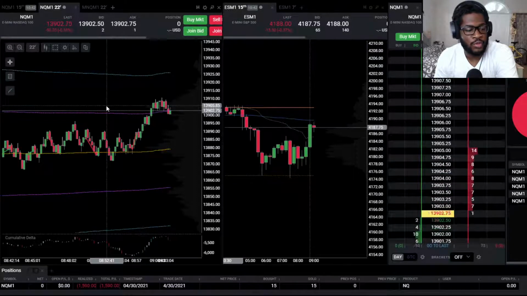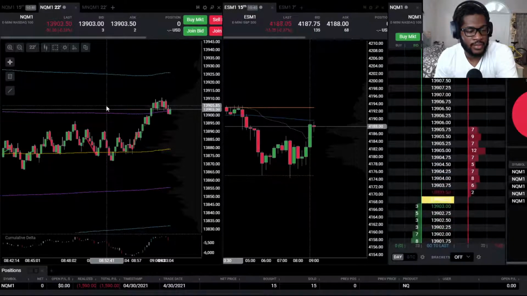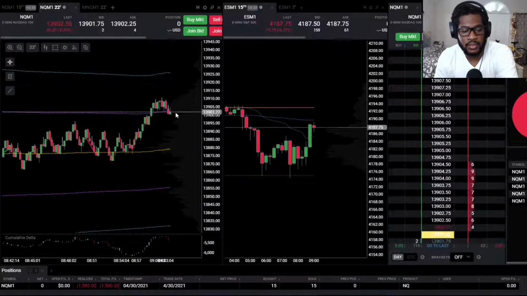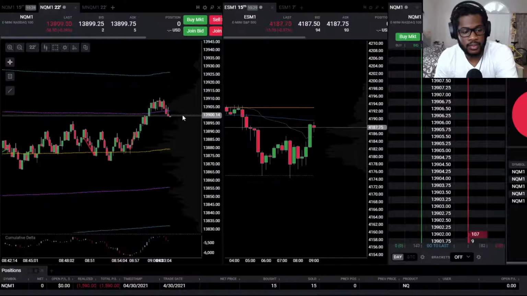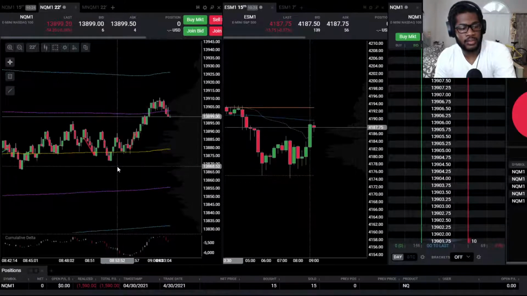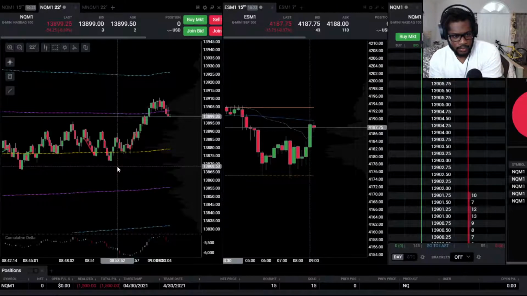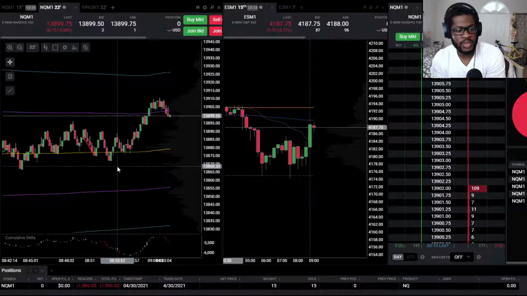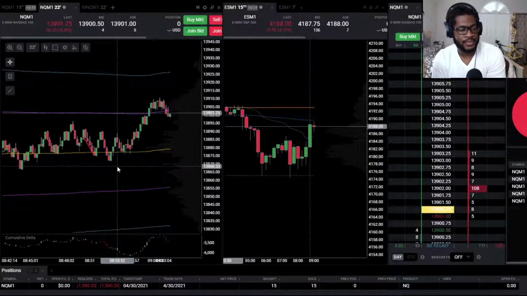Ideally, would like to see more of a pullback than that. I'd like to see a bit more of a drop off here.